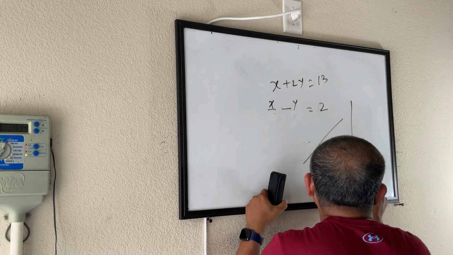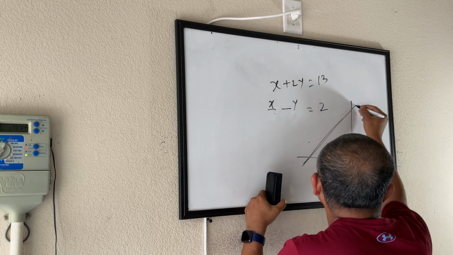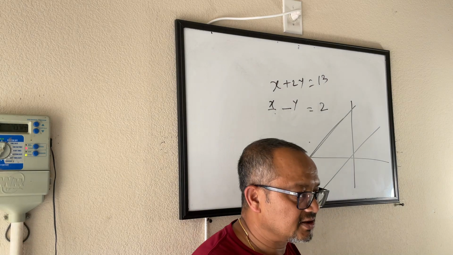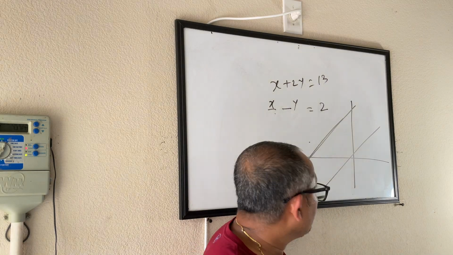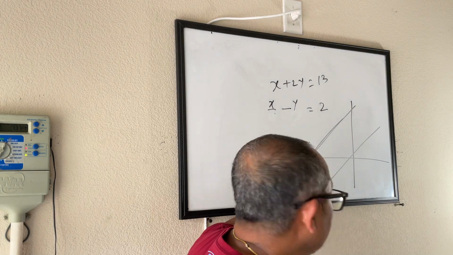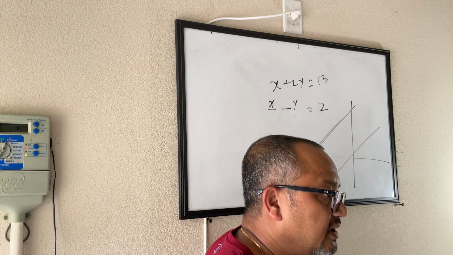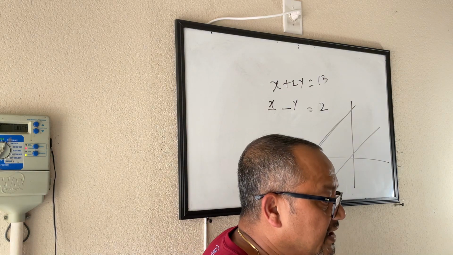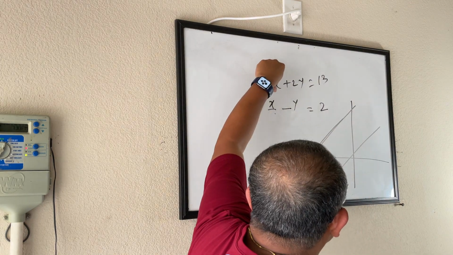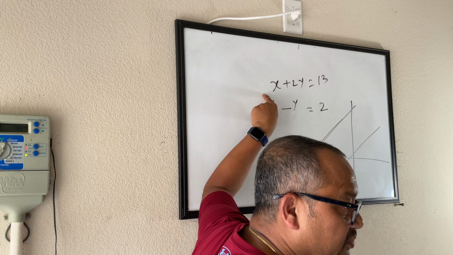This is my coordinate plane, one line goes like this, another goes like this. They are not meeting at all. This is a situation where they are not intersecting. There is no point on the coordinate plane which satisfies both equations.